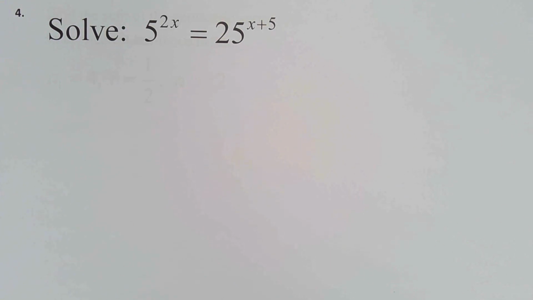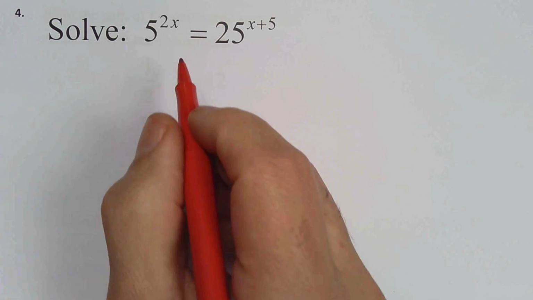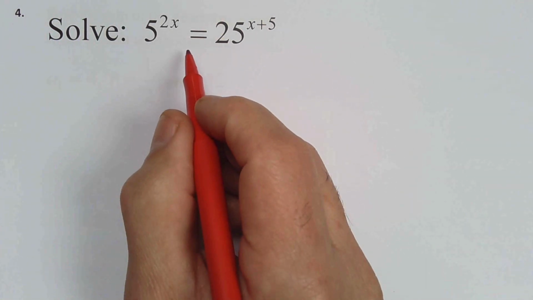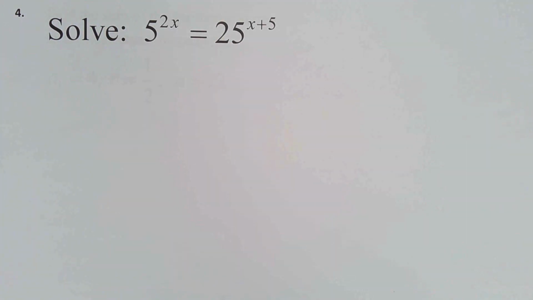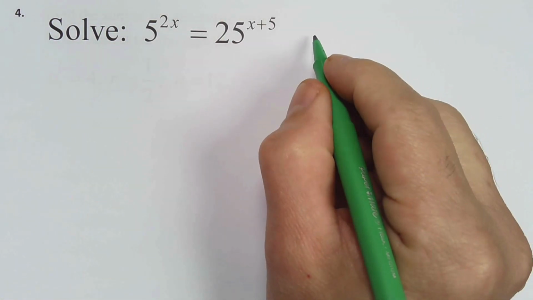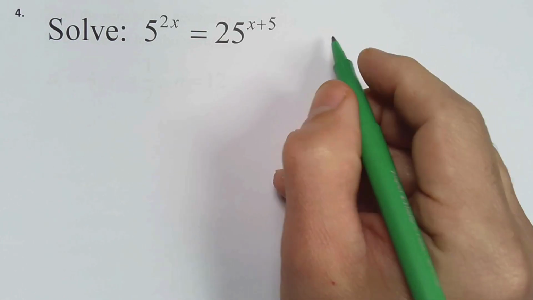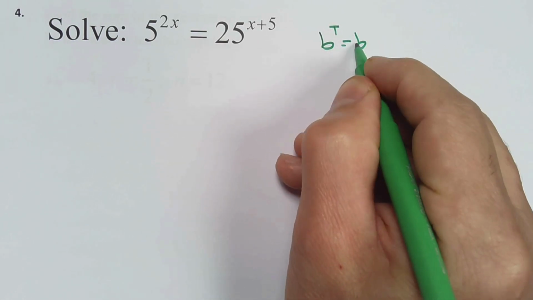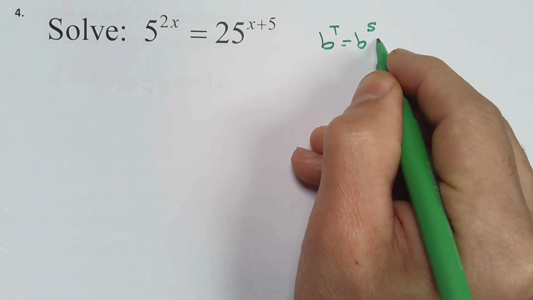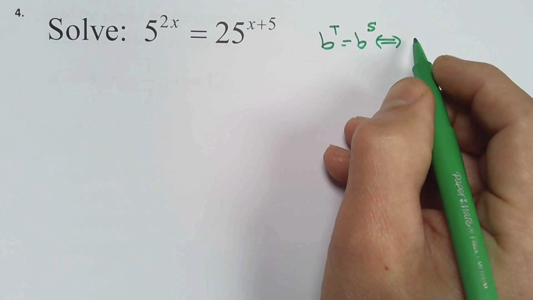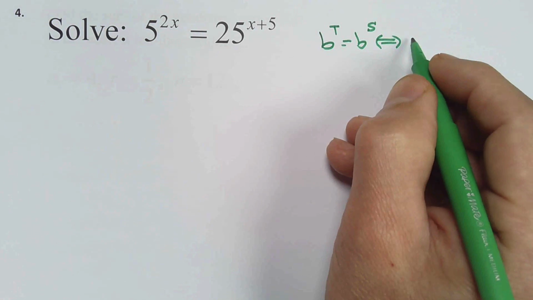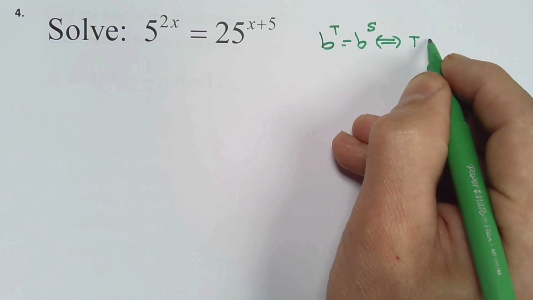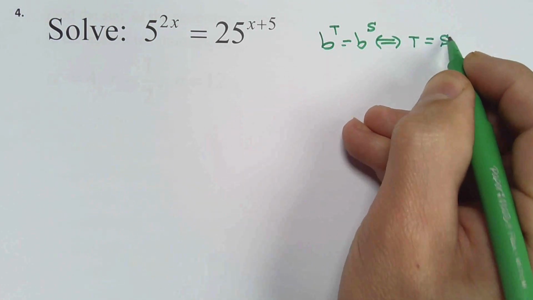Solve the following. We need to have the same base, just like before. We need to use the formula that says b to the power t equals b to the power s is equivalent, or if and only if, t equals s.